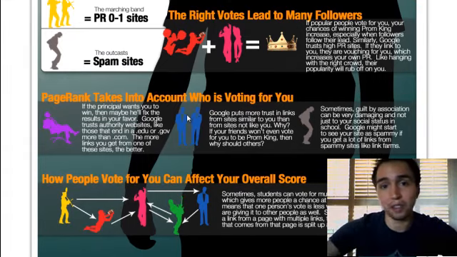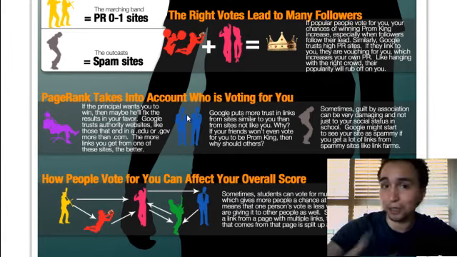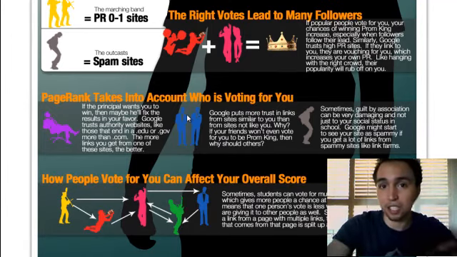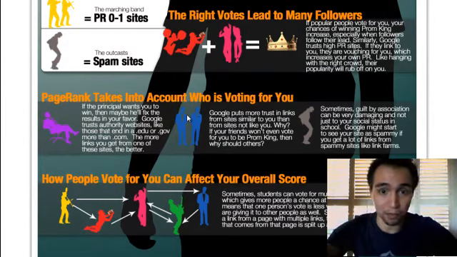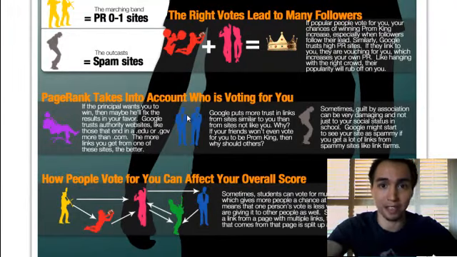Let's say there's the bad person in class, and you're sitting in the back of the class with them, and then he makes noise, and the teacher looks at you and that student. Aren't you naturally guilty by association just because you're there with them? Well, PageRank and getting links from spammy websites or bad neighborhoods is the same way. Google will be like, why is this bad neighborhood linking to this website? It must be somehow associated, and that does hurt you.